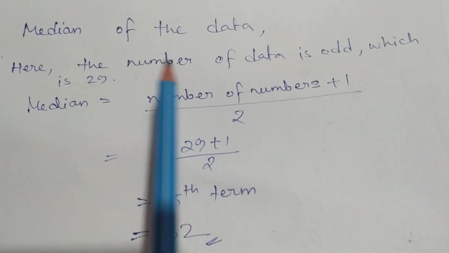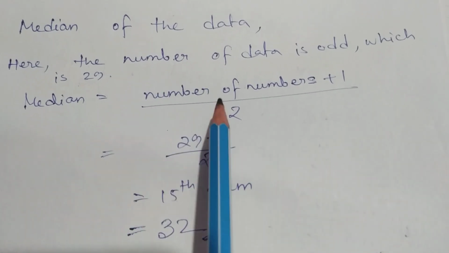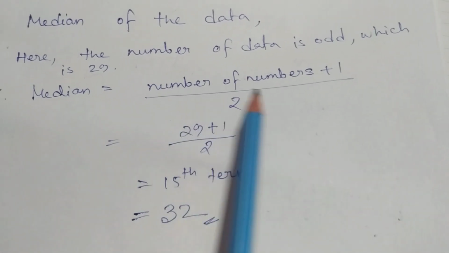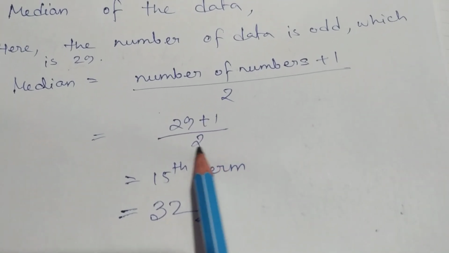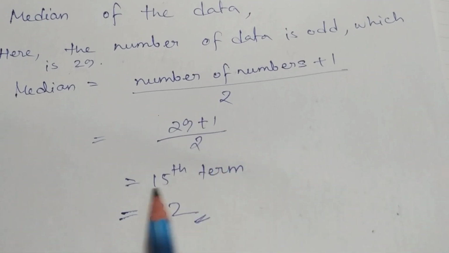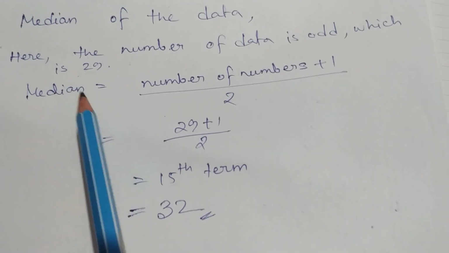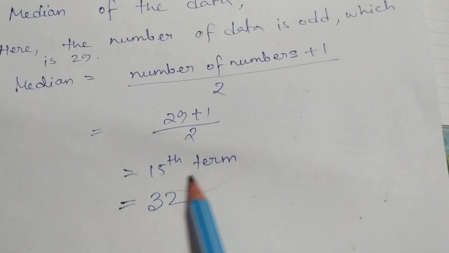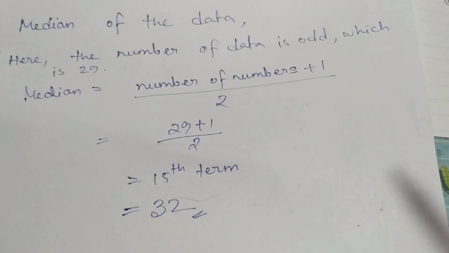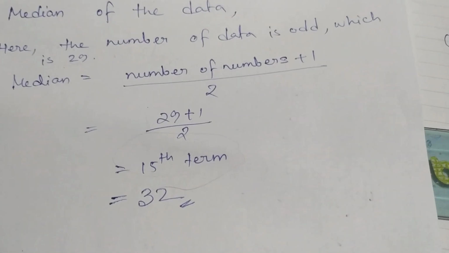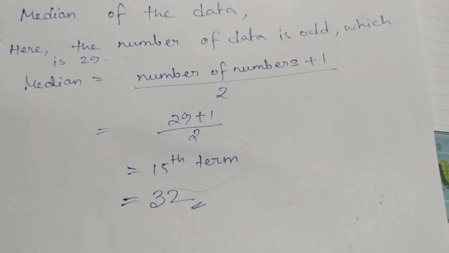So how many data is there? Number of numbers means the number of data they are talking about. So number of data is what? 29. So 29 plus 1 divided by 2, that is 15. So the median will be the 15th term. Once you arrange the data, the 15th term will be the median.